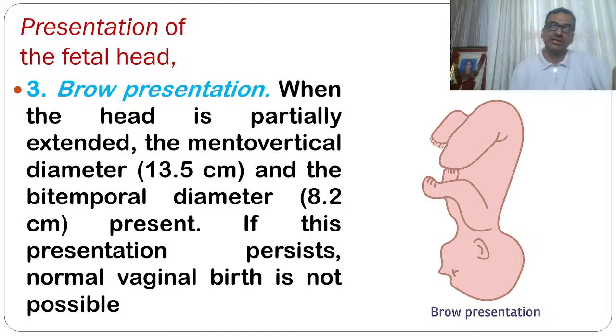Then brow presentation. In brow presentation, when the face is partially extended, not fully extended, mentovertical diameter and bitemporal diameter will be presenting diameters. If this presentation persists, normal vaginal birth is not possible. Cesarean section will be advised.